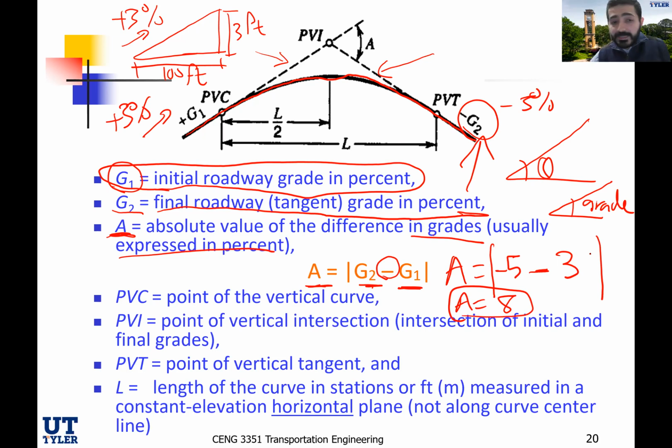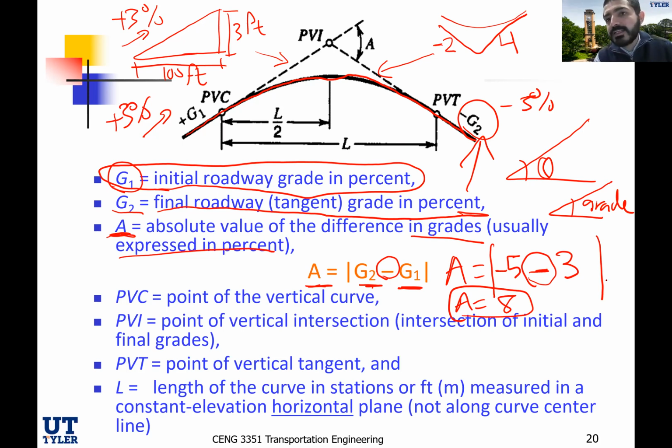Any question on how to get the A? It's the absolute value. Every grade brings its own sign, but remember there's a subtraction in the middle here. Let me give another example before we get going. If I have a sag vertical curve, and I have minus 2 and here I have 4, what's the A value?